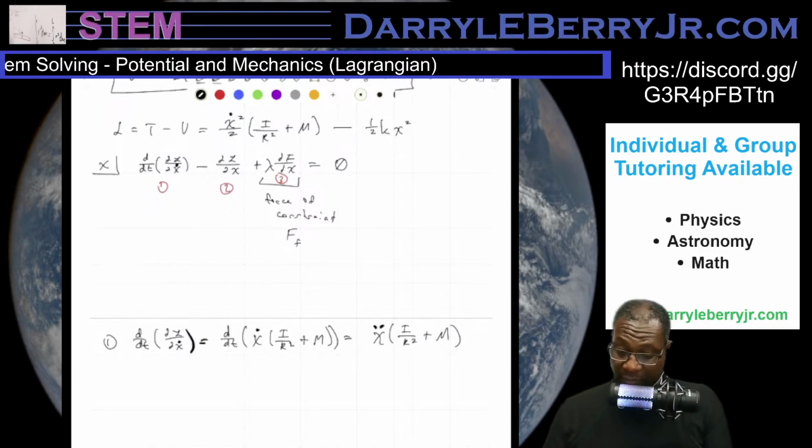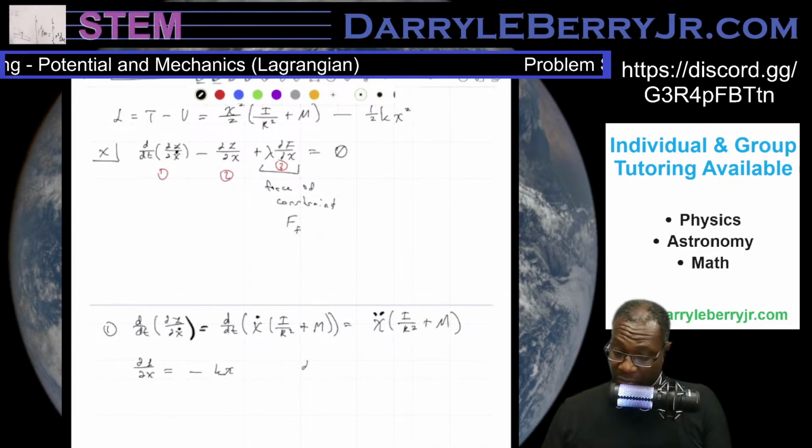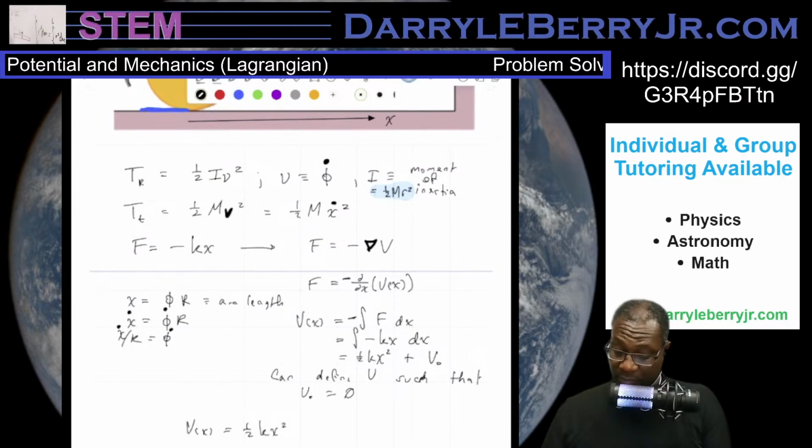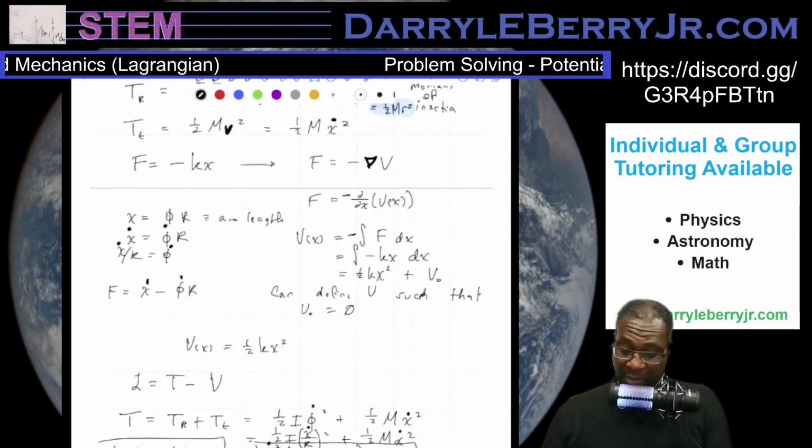So then we have partial L over partial x, which is going to be negative kx, and partial f over partial x equals, so f equals, which one am I going to make 0? x dot minus phi dot r equals 0.